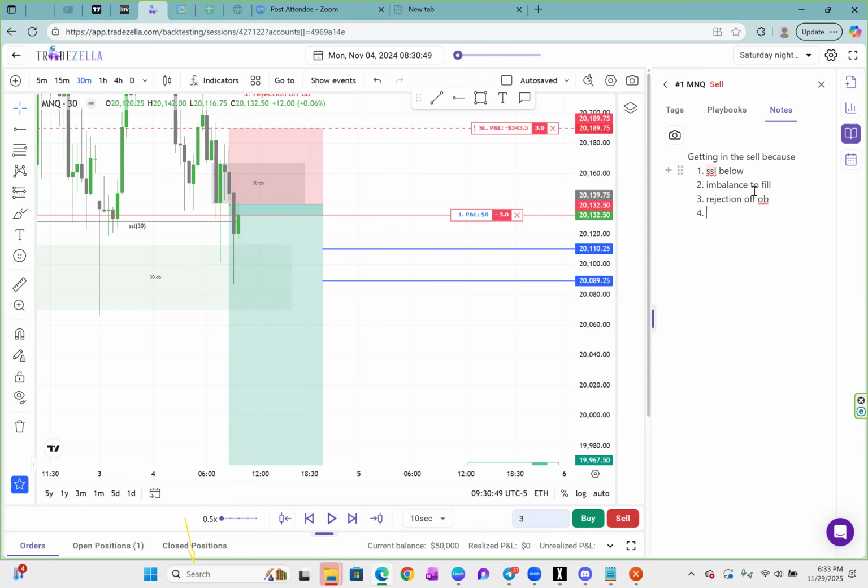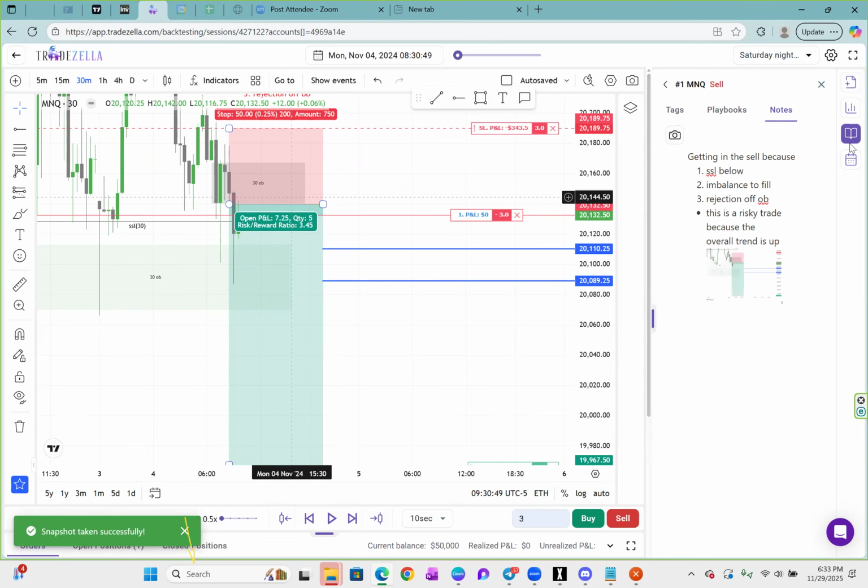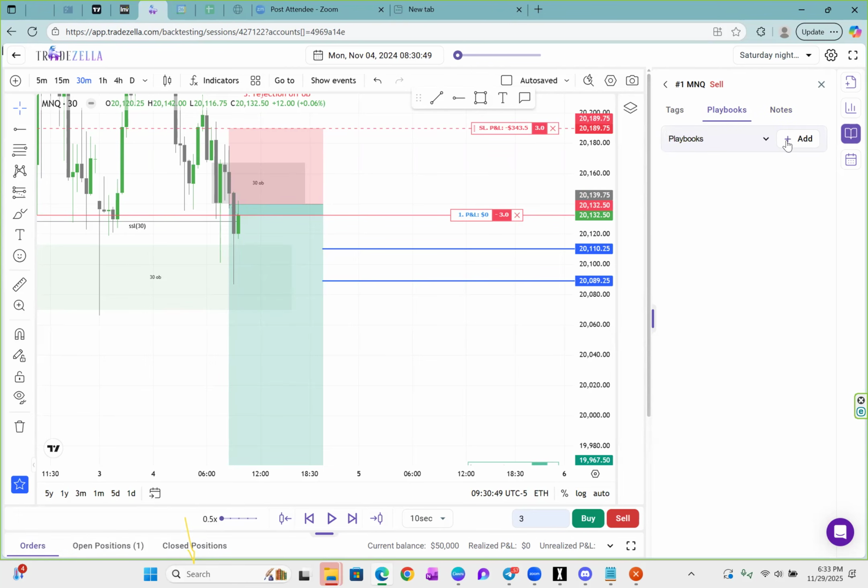I do want to note this is a risky trade because the overall trend is up. Okay? And then you're going to click the camera and it'll automatically add the beginning of the trade in there for you. All right? And then you can go to playbook and you can add the playbook. And I can say this is the Have Mercy Trades playbook. Perfect. All right? And if you have any extra session notes, you can always add those in as we go.